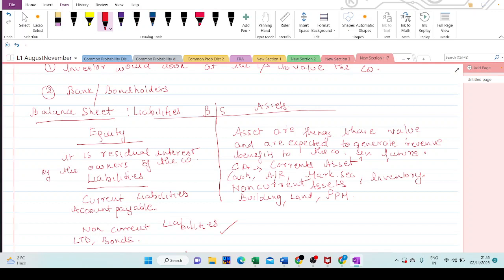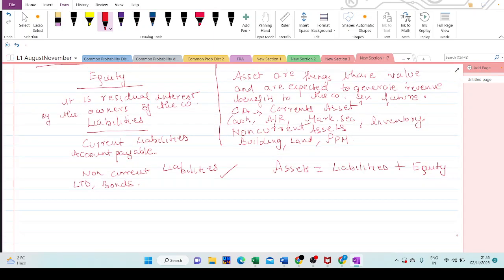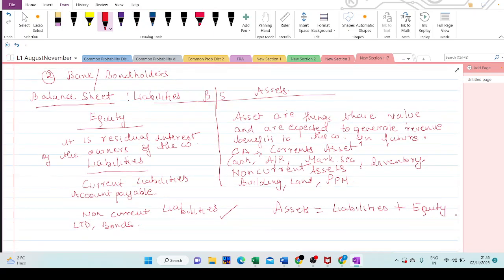Right? And basically, please write this down. Assets should always equal liabilities plus equity. So basically, the total of the asset side should equal the total of the liability side.